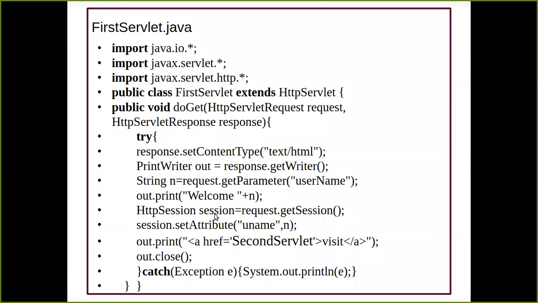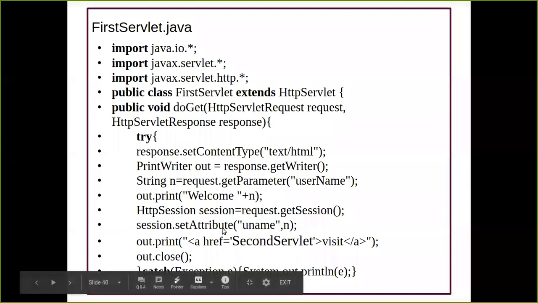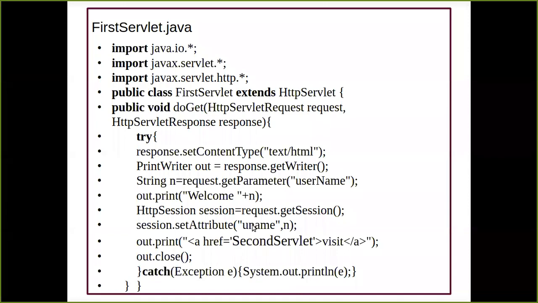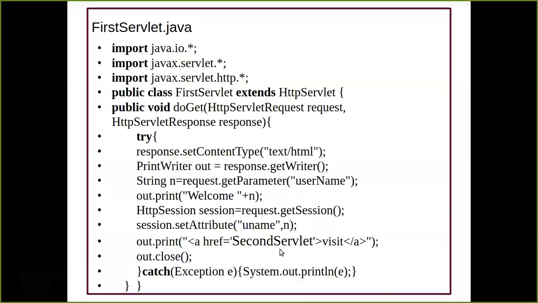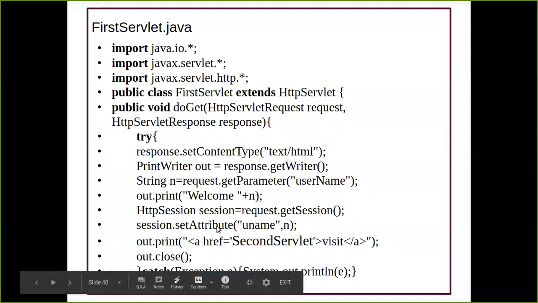Now if you remember, in cookies we had the add cookie method, not set method, sorry, the add cookie method, which helps me add the cookie along with the response. Now if I want this session to consist of some value which needs to be passed to another file, I am going to use a method which will help me do that in the session, that is the setAttribute method.